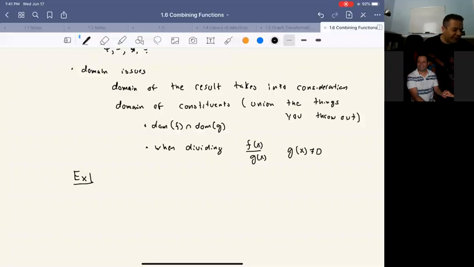Let's take f of x equals x squared over x plus 5, and g of x equals 2x over x squared minus 25. Okay, so we're going to add, subtract, multiply, and divide.